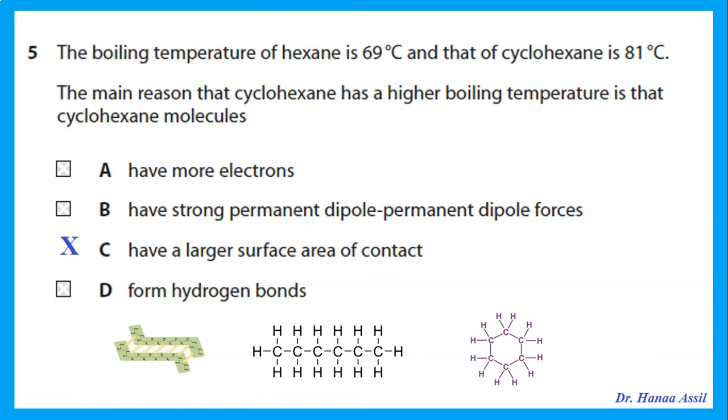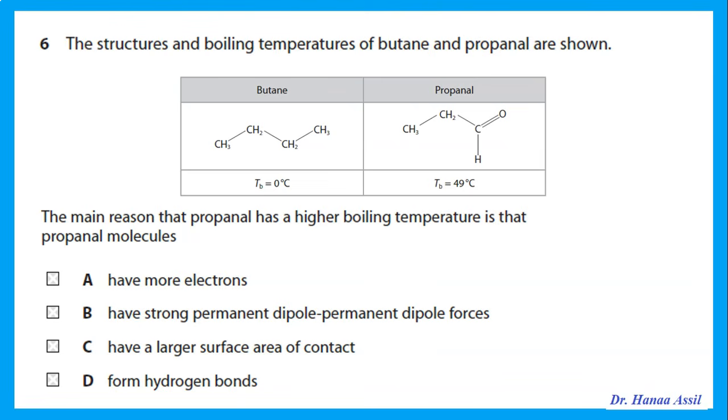Now, if he says it forms hydrogen bonding, no, cyclohexane does not form hydrogen bonds. To have hydrogen bonds, we must have hydrogen attached to an electronegative element, and of course, this is not the case.